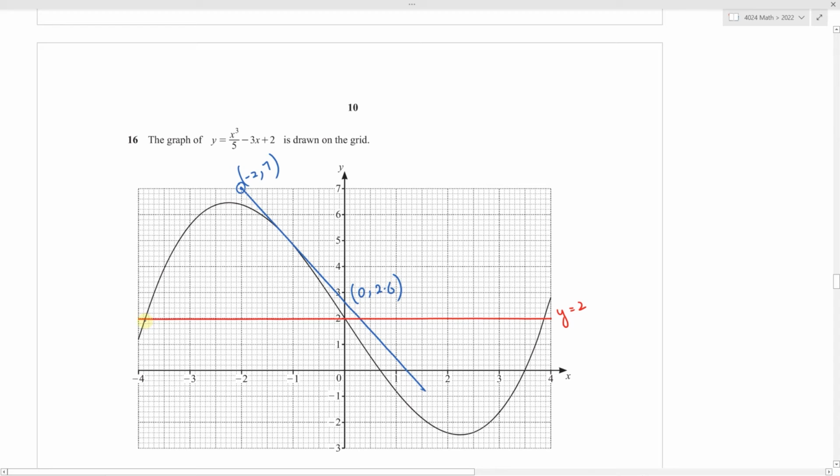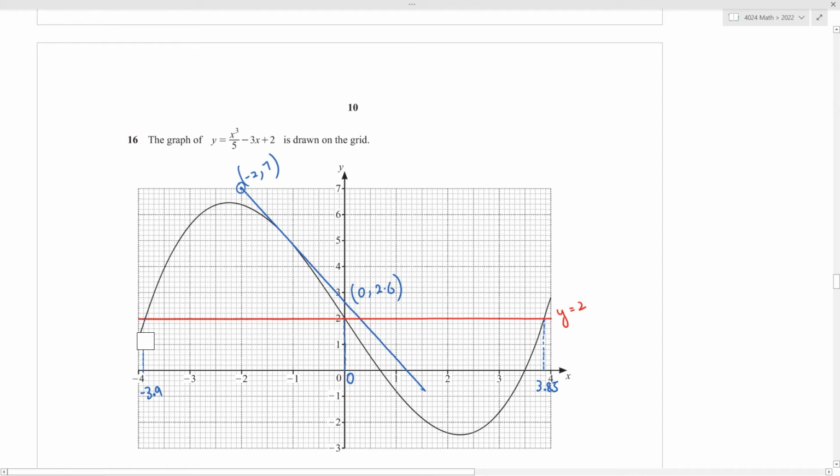One is here, which is almost minus 3.9. Here it is at 0. So this point here is 0. And this one here is almost 3.9. It's in the middle, so let's call it 3.85. It's between 3.8 and 3.9.